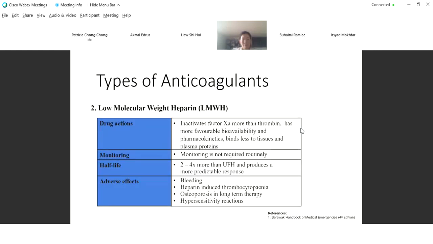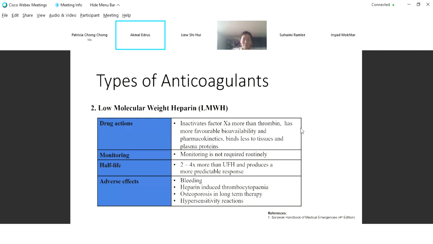Another type is low molecular weight heparin, where the drug works by inactivating factor 10A more than thrombin, and it has more favorable bioavailability and pharmacokinetics, and it binds less to tissue and plasma proteins. This drug does not require routine monitoring, and the half-life is 2 to 4 times longer than unfractionated heparin, and it produces a more predictable response.